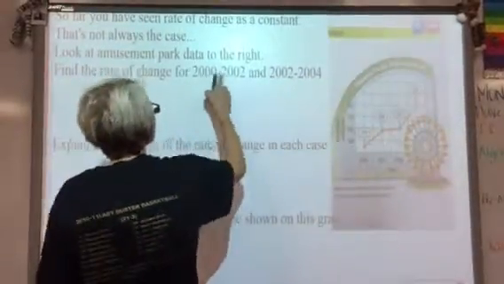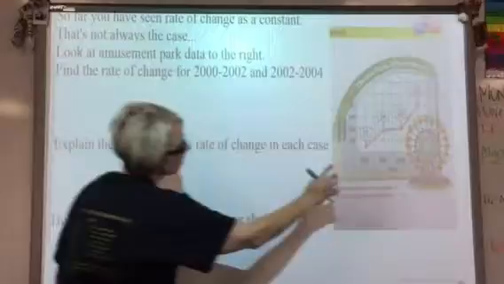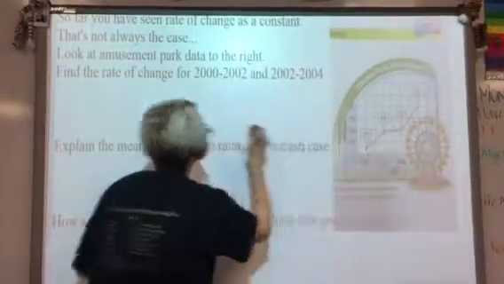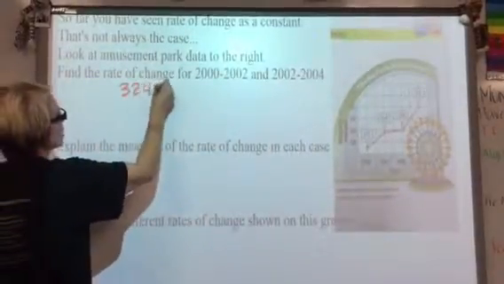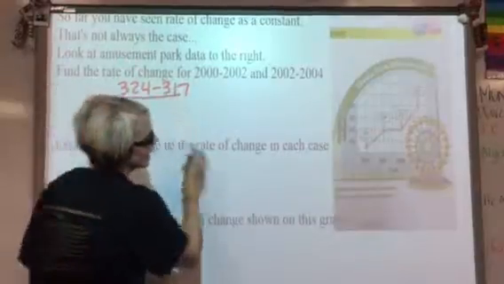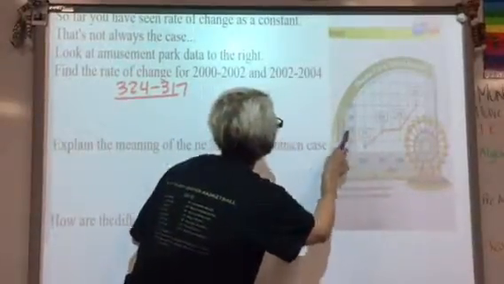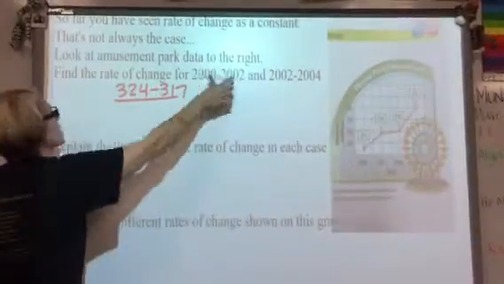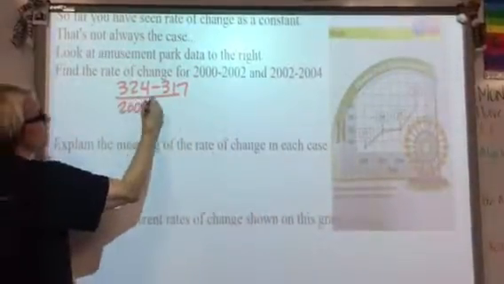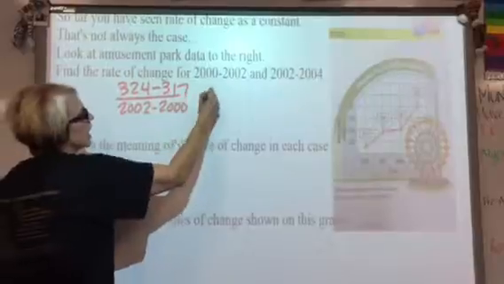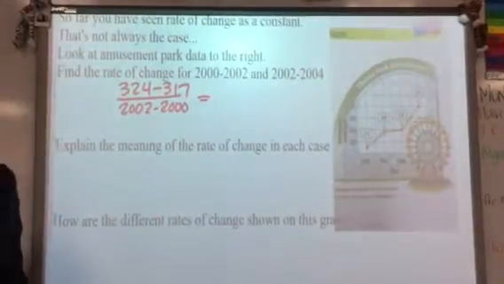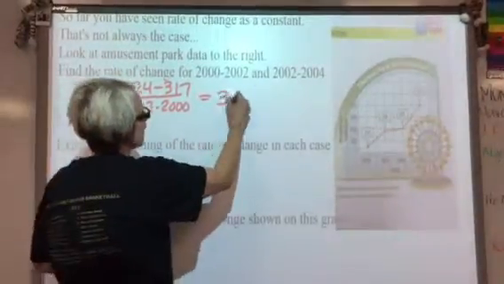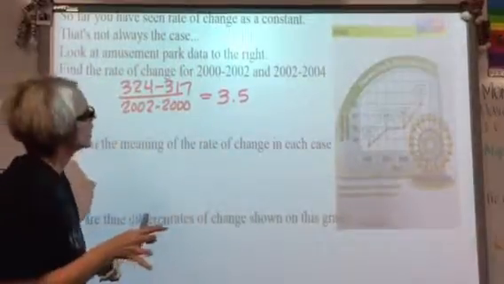From 2000 to 2002, I'm going to use this data that I see here. So it's 324 minus 317, and that's going to be in millions, I believe, over my years, 2002 minus 2000. When we divide that out, we get about 3.5, and you can check that on your calculator if you'd like.